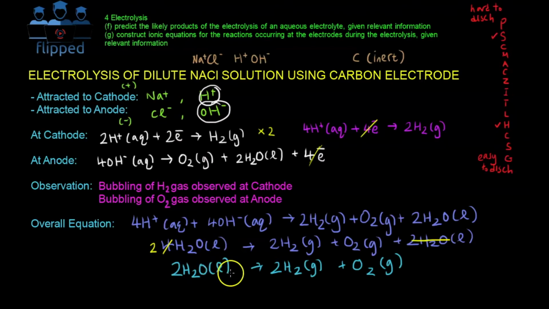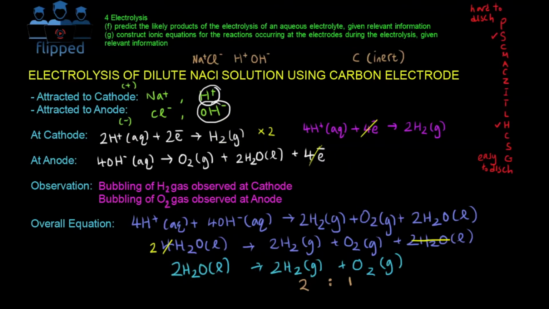So water is being changed into H2 gas and O2 gas. Water is here, but it's not here because it's being cancelled away with the 4H2O. So this is called the overall reaction. And you can see that in terms of ratio, we are forming 2H2 is to 1 O2. This is just clear from the number in front of the respective substance.